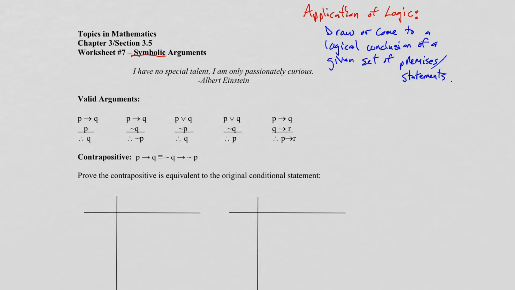Okay, so what is a valid argument anyways? A valid argument is when its conclusion, the conclusion of your thinking, of your thoughts, which are coming out in statements, necessarily follows from a given set of premises.